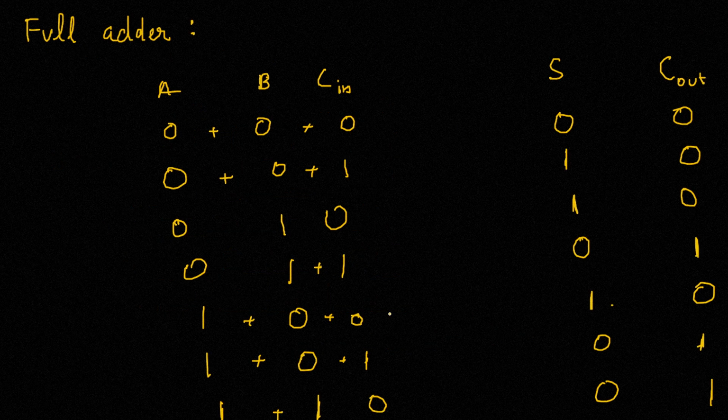So for carry, which is C out, let's make a new KMAP. This is A complement and this is A. This is B complement C complement, B complement C, BC and BC complement. Okay, so here we have a 1 for A complement, BC.